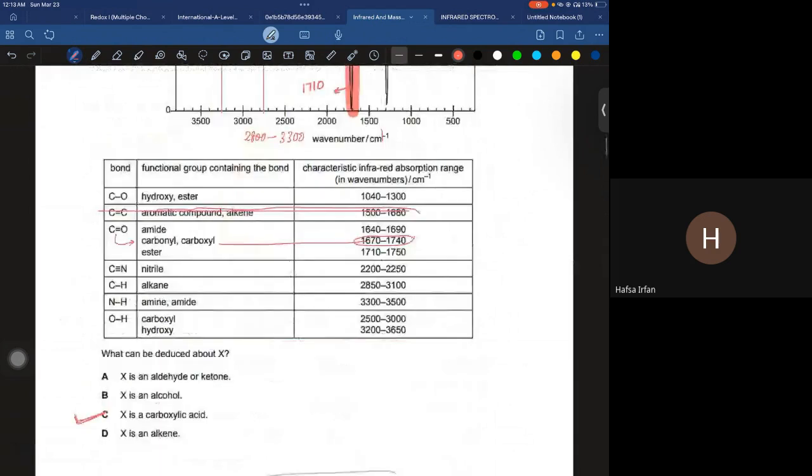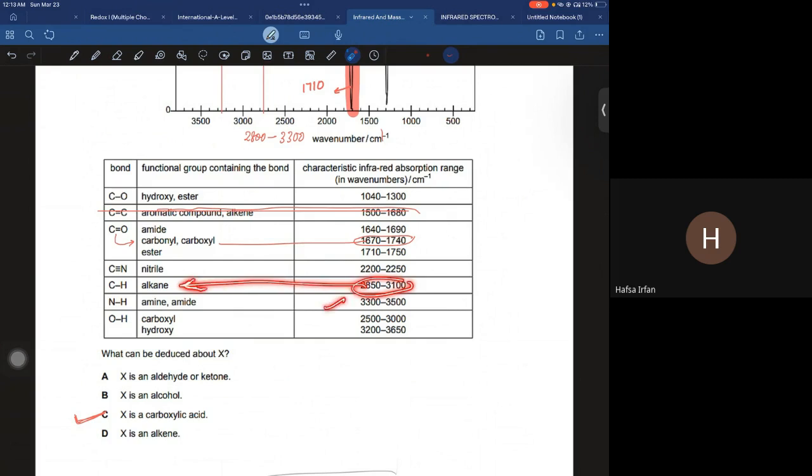Where did we see the carbonyl peak? At 1710 to 1750, so carbonyl is there. It may be any carbonyl, aldehyde or ketone. And the peak seen at 2800 to 3100 is due to an alkane.